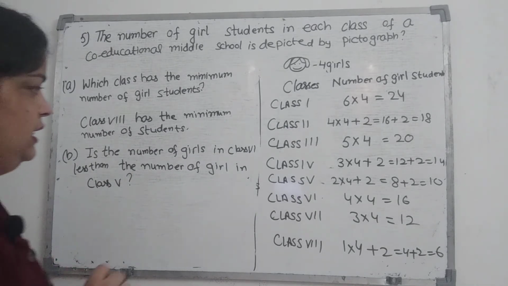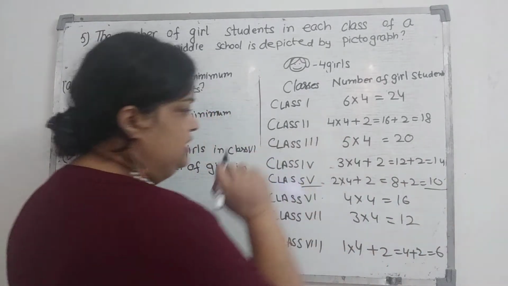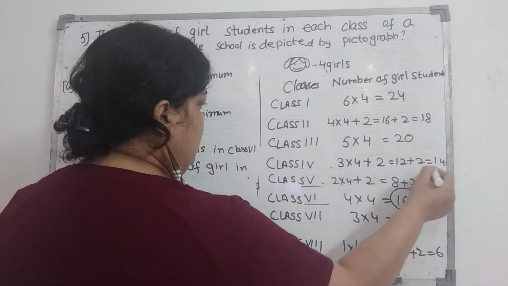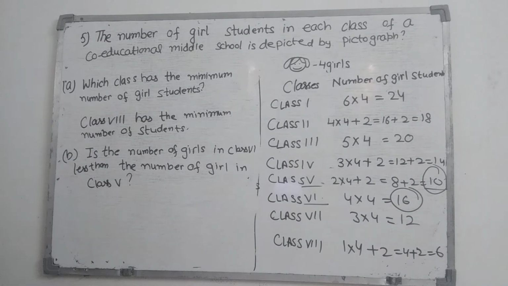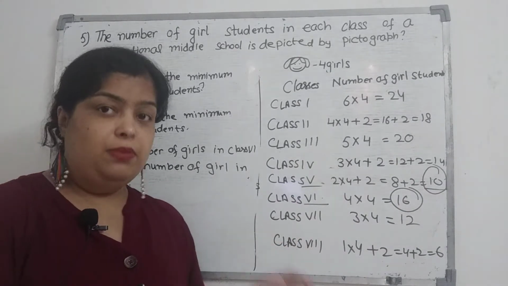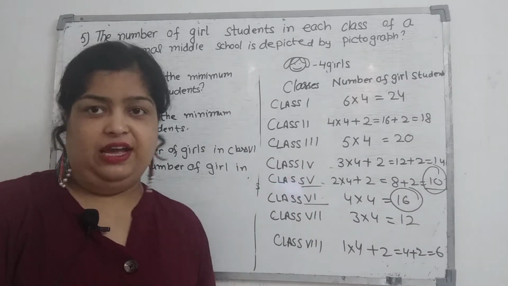Here you can see that class 5 has 10 girl students and class 6 has 16 girl students. As we can say, class 6 has more students than class 5.